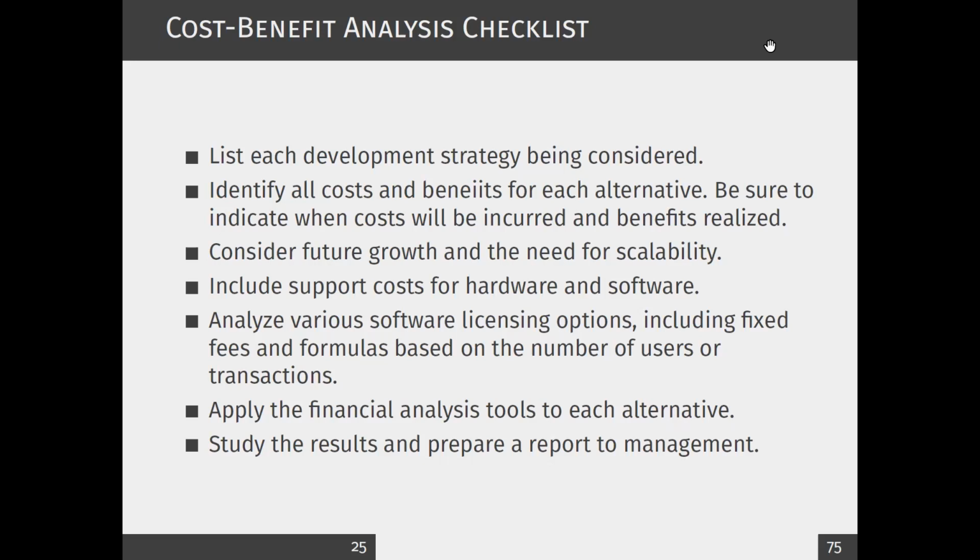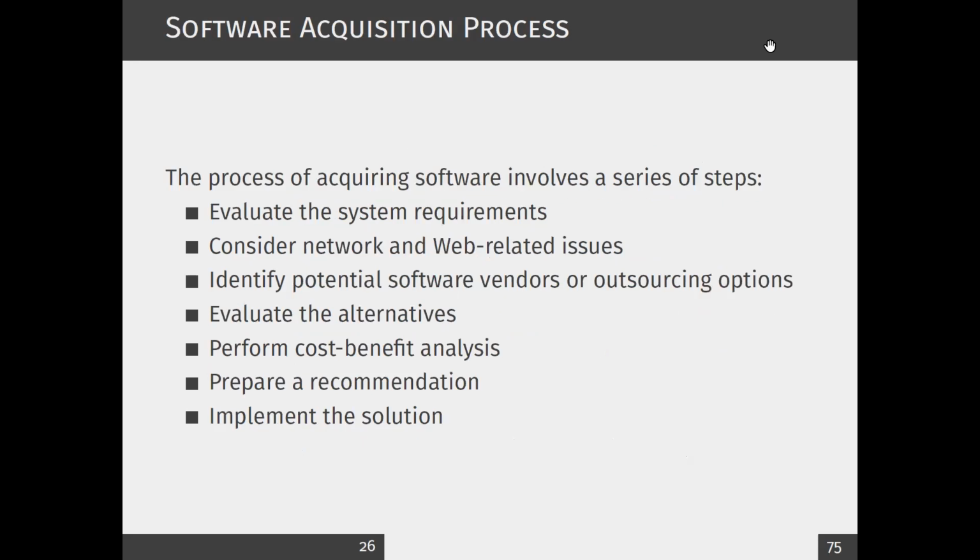And you have to consider the full picture, and you also have to think about the scalability of this. This should include the support cost for hardware and software, and various software licensing options, fixed fees, formulas based on number of users and transactions. This is based on if you are taking volume licensing. Apply financial analysis to each alternative, and then you compare the proposals when you have multiple proposals.